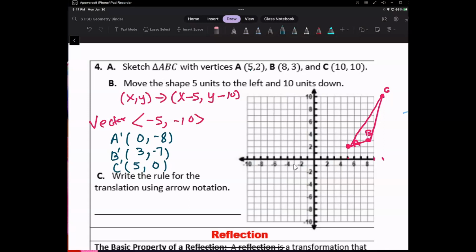So A prime is (0, -8). B prime is (3, -7). And then (5, 0) right there. That's going to be C prime. And our rule is up here. And that's it for our lesson on translation.